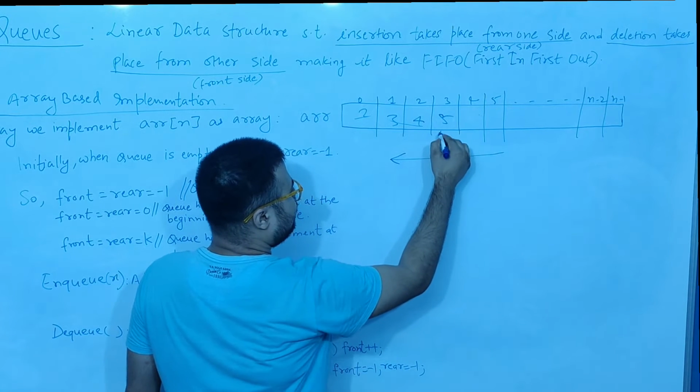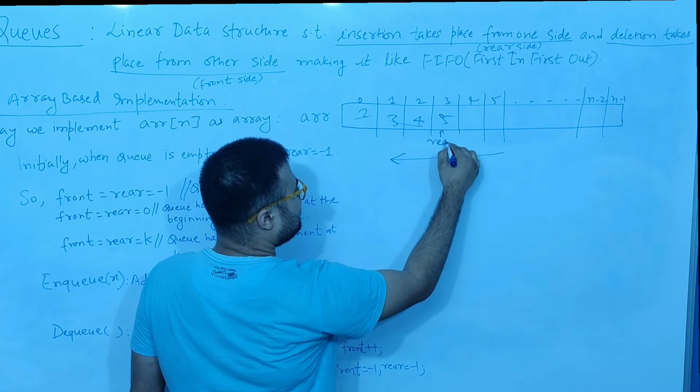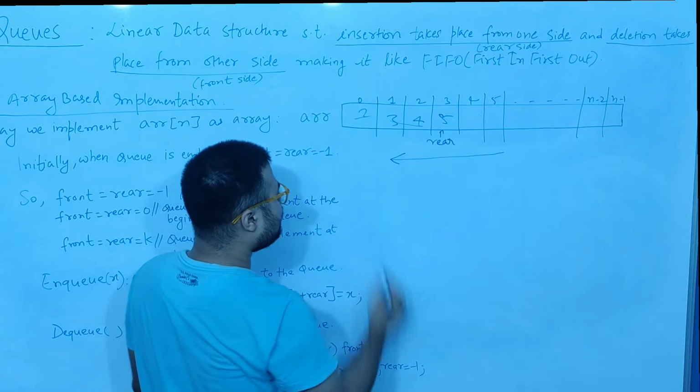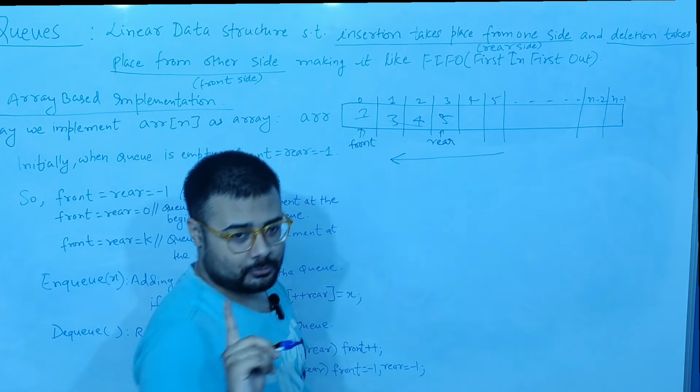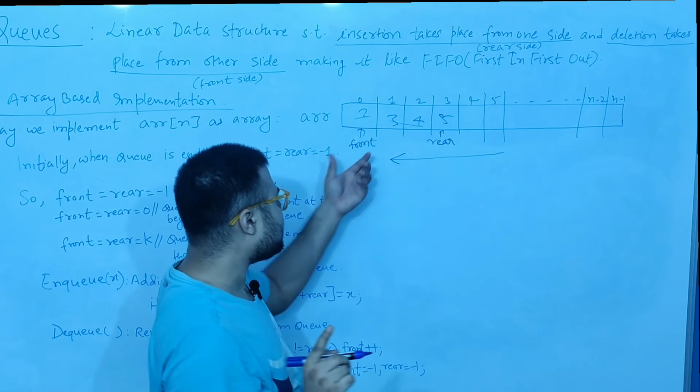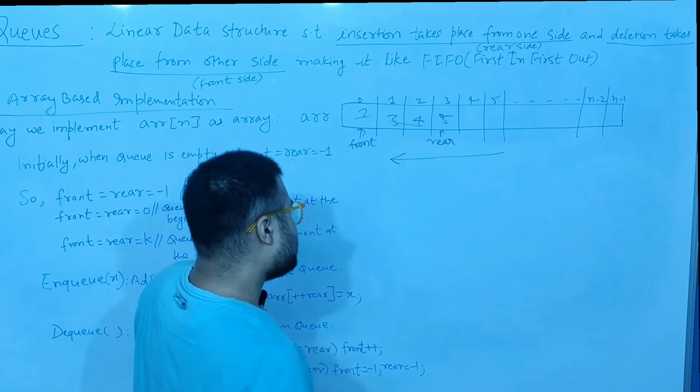So at any point of time, the last element is where the rear is pointing to, and the first element is where front is pointing to. Not pointing to, sorry, this is not a pointer, it holds the index value.